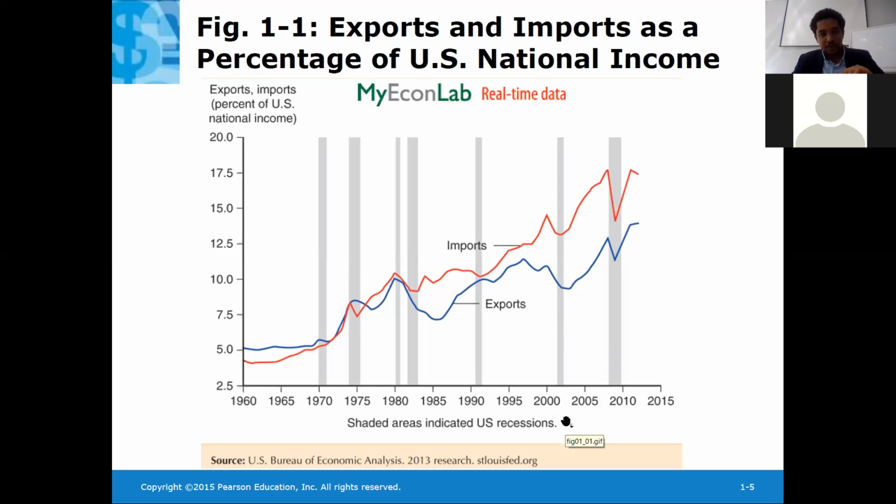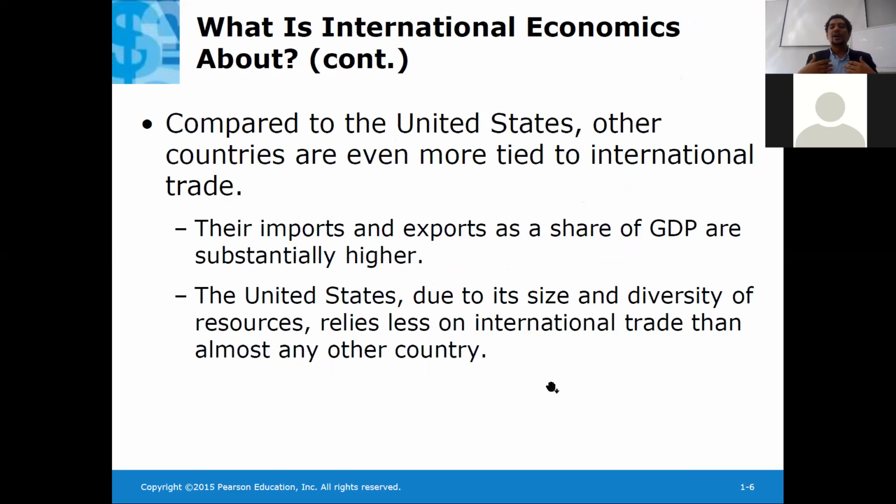As I've shown you, this shows the trade deficit that the US has. Compared to the United States, other countries are even more tied to international trade. As I've said, the US can balance its trade deficit.